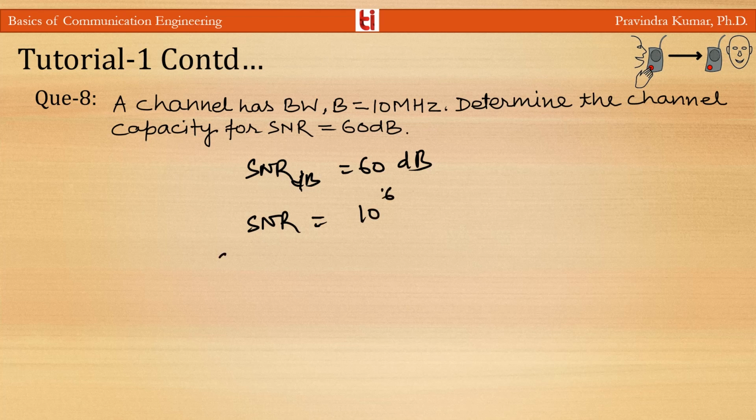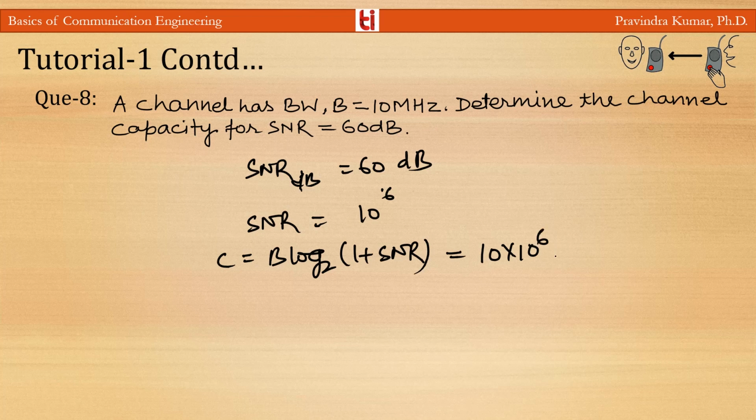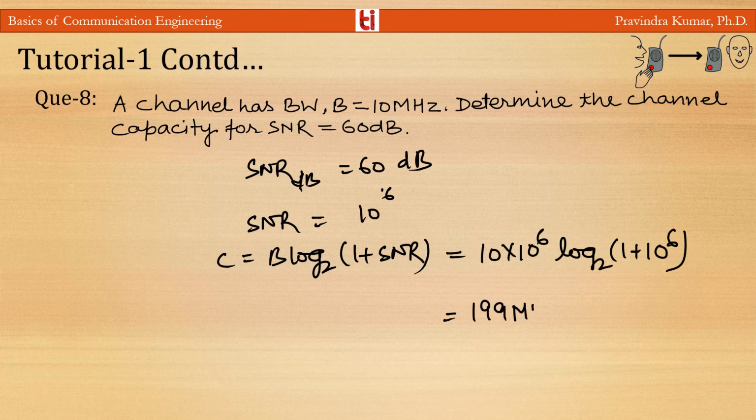And you know channel capacity is B log 2 (1 plus SNR), or I can write 10 megahertz, 10 into 10 to the power 6 log 2 (1 plus 10 to the power 6), and here it will be 199 Mbps. So the channel capacity, or the maximum speed, will be 199 Mbps.